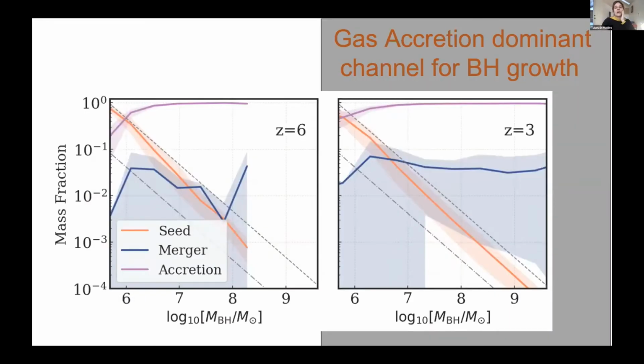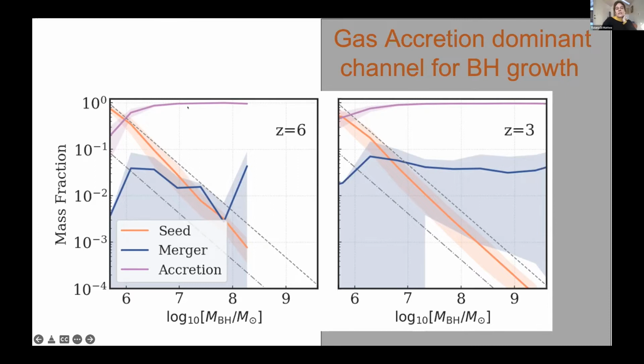So I want to just say that in connection to the things that I said, we're doing now a little bit better, right? We're following the black holes all the way into the central regions. What are we seeing? We're certainly seeing that gas accretion is the dominant channel at high redshift for the growth of black holes. So this is the mass fraction gained by black holes in different bins of black hole mass.